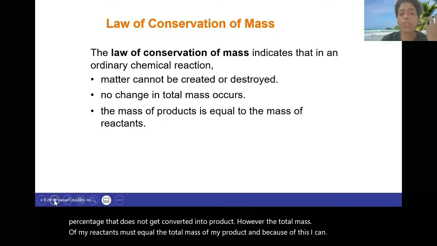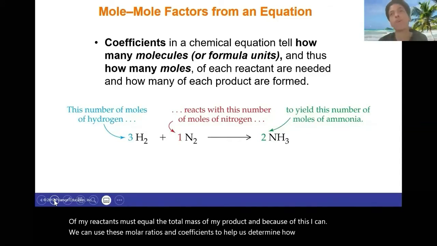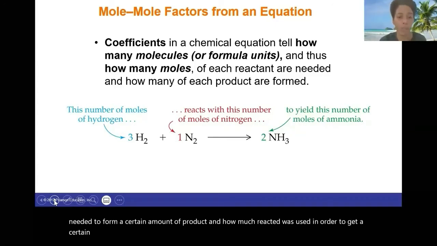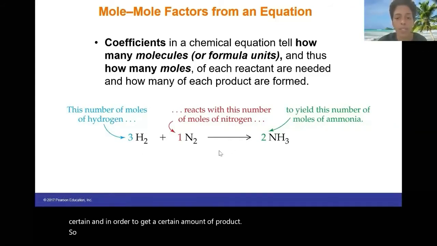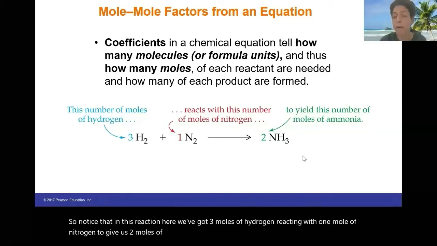And because of this, we can use these molar ratios and the coefficients to help us determine how much reactant is needed to form a certain amount of product and how much reactant was used in order to get a certain amount of product. So notice that in this reaction here, we've got 3 moles of hydrogen reacting with 1 mole of nitrogen to give us 2 moles of ammonia. So from this information, we can determine that there are molar ratios, right?